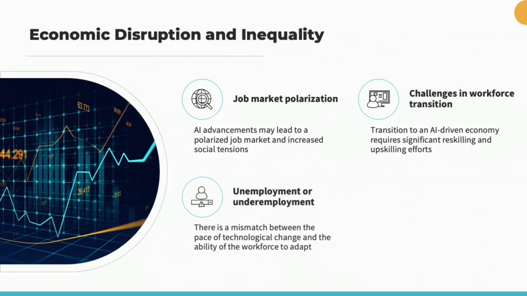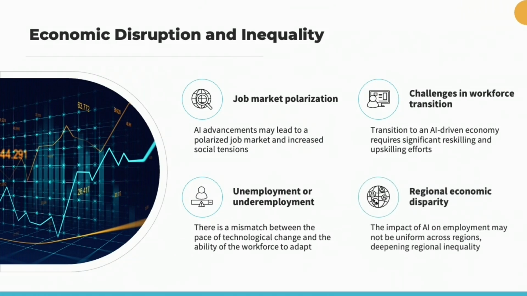However, there may be a mismatch between the pace of technological change and the ability of the workforce to adapt, leading to unemployment or underemployment. The impact of AI on employment might not be uniform across regions. Areas with industries more susceptible to automation could face more significant economic challenges, deepening regional inequalities.